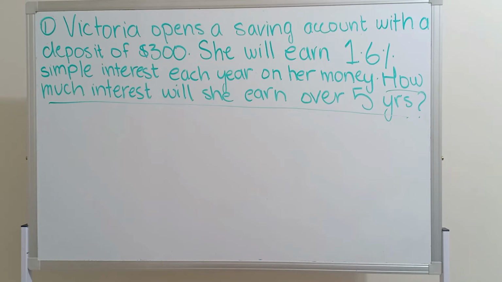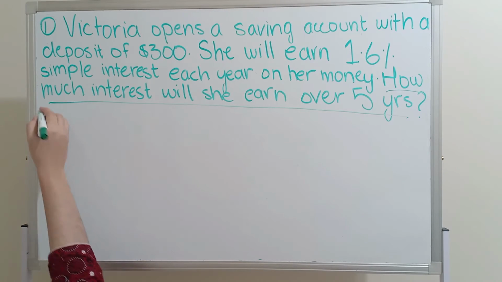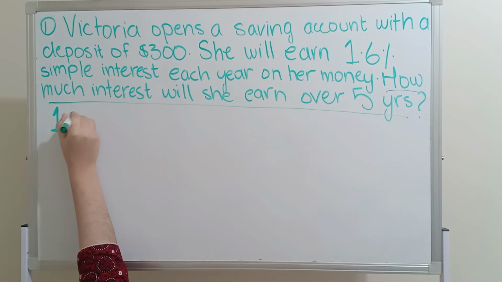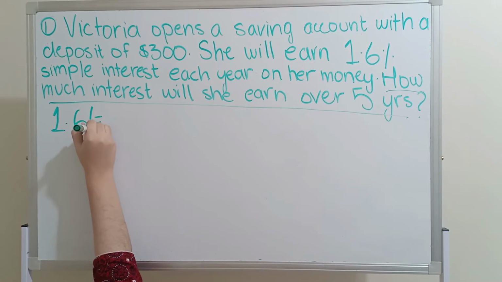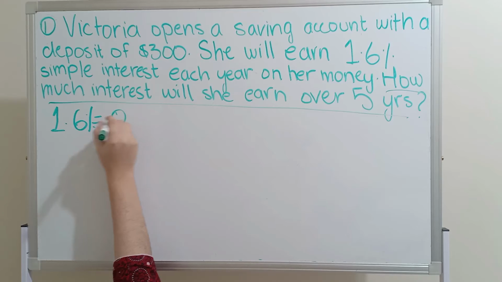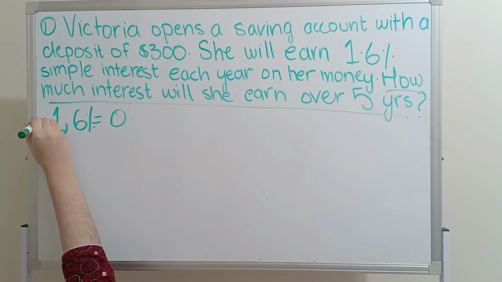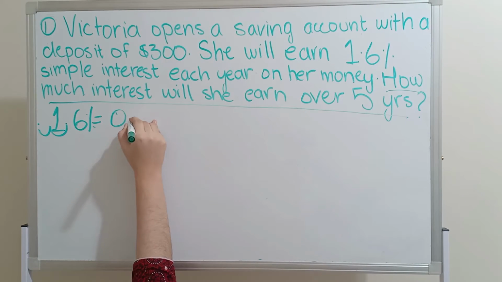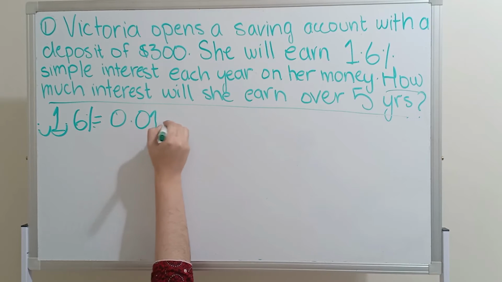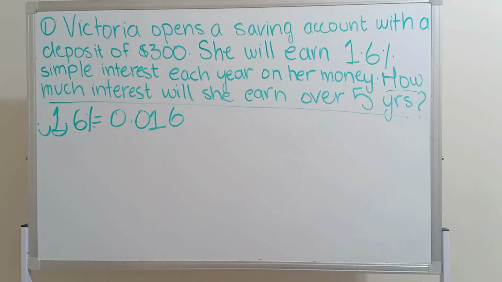Okay, so let's first find the interest rate for 1 year. So the interest rate is 1.6%. We can turn this into a decimal by moving this 2 decimal places, 0.016. This is going to be the decimal form of 1.6%.